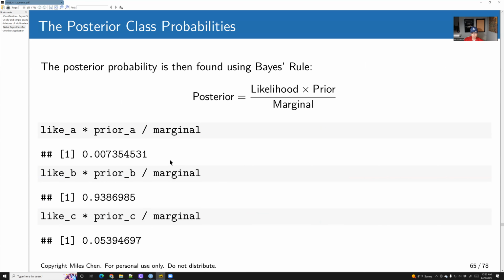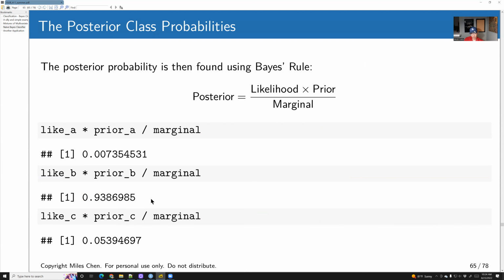And so now class B is still the highest, 94% probability. Class C has a probability of around 5%, which is quite a bit different from when we used the multivariate normal.